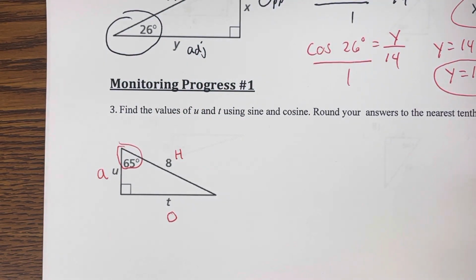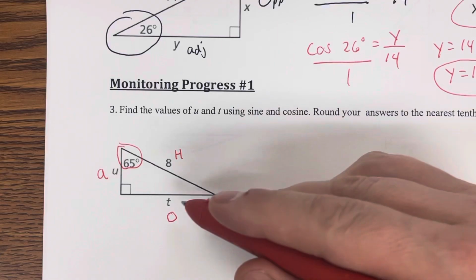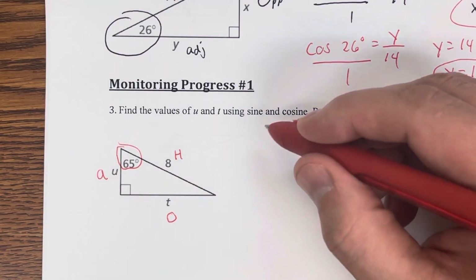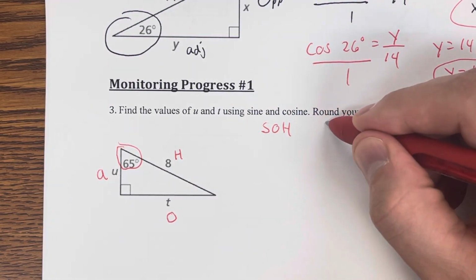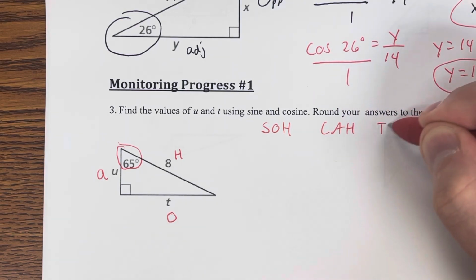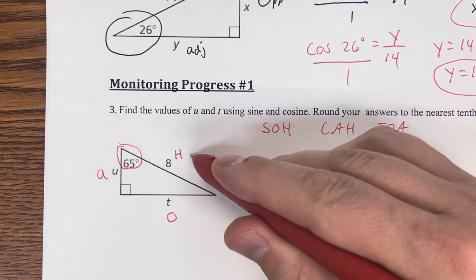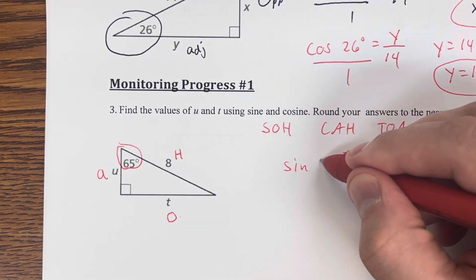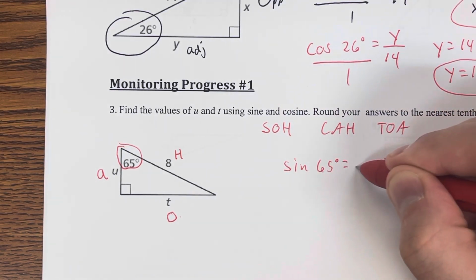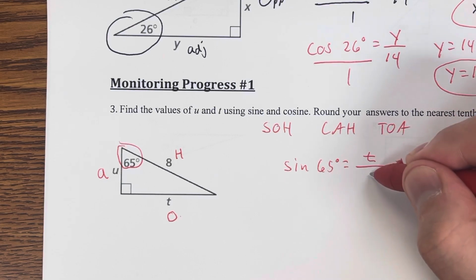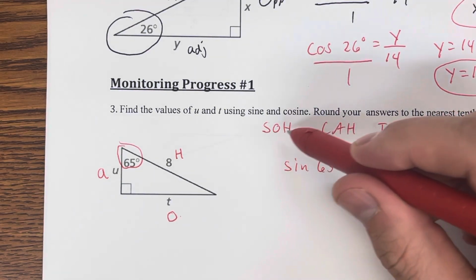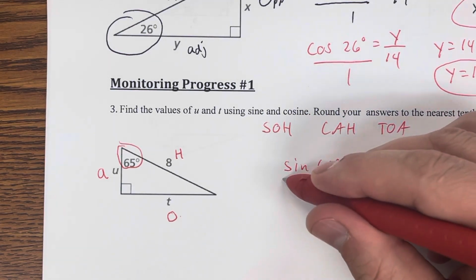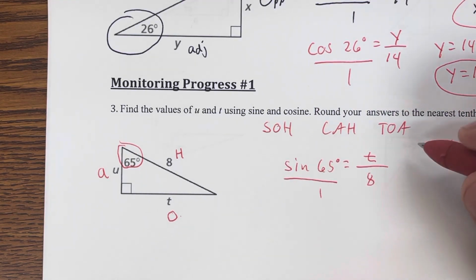All right, now we have to determine which ratio we're going to use. I'll find T first. So O and H. SOH CAH TOA. O and H are the two that we're using, so we'll use sine. So the sine of 65 degrees equals T over 8. Opposite over hypotenuse. Put it over 1, and we'll cross multiply to solve.